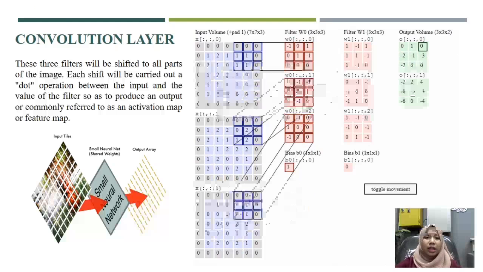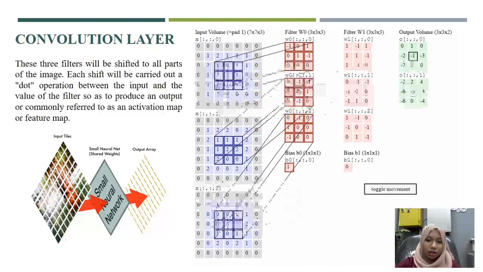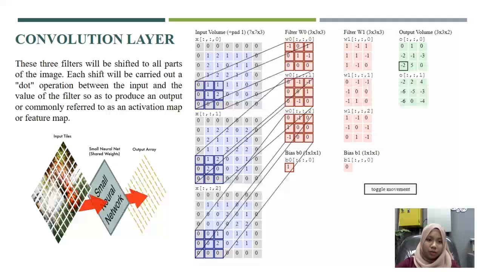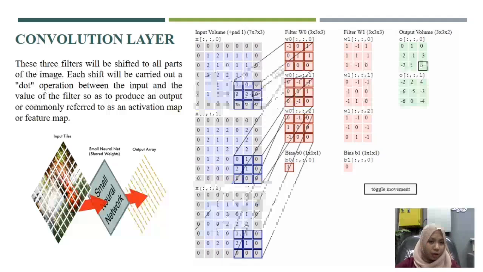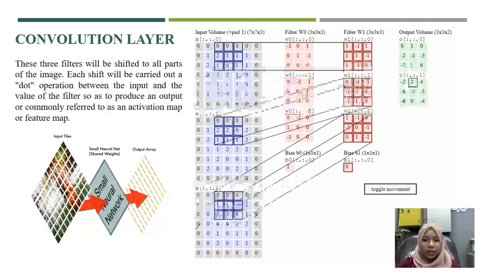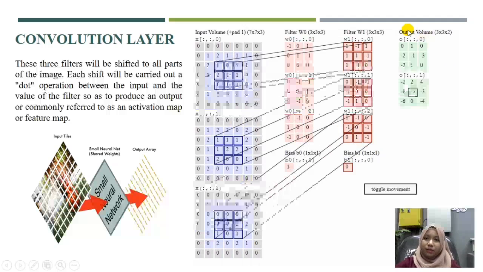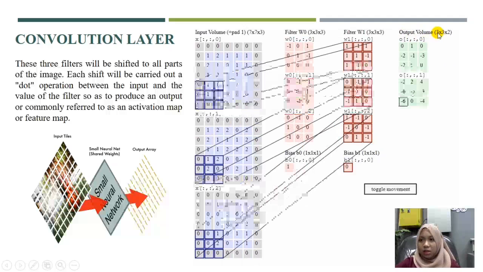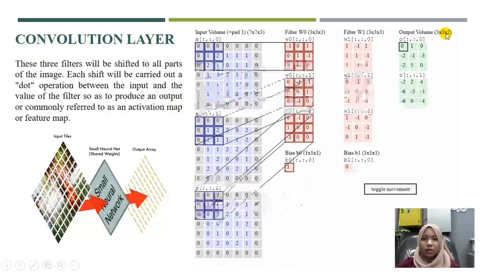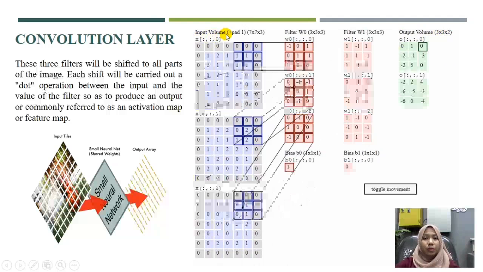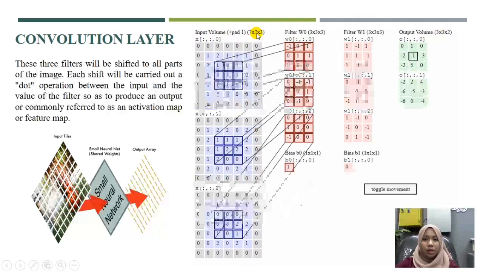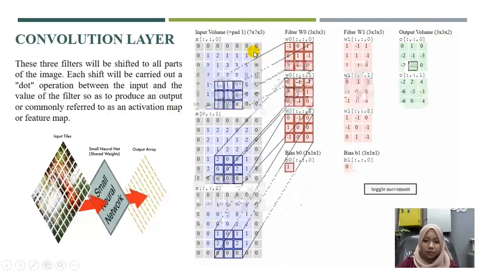The fully connected layer is usually used in the multi-layer perceptron method and aims to process data so that it can be classified, in output volume 3 by 2 from input volume 7 by 3.